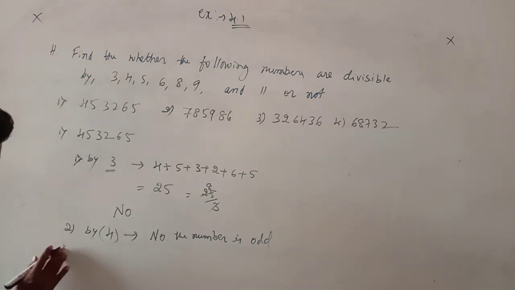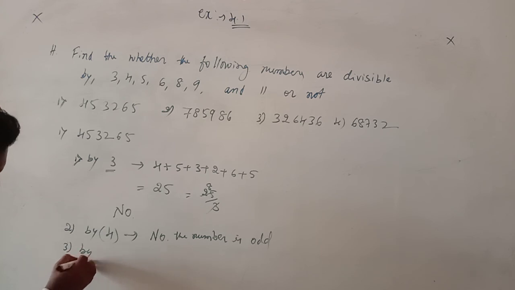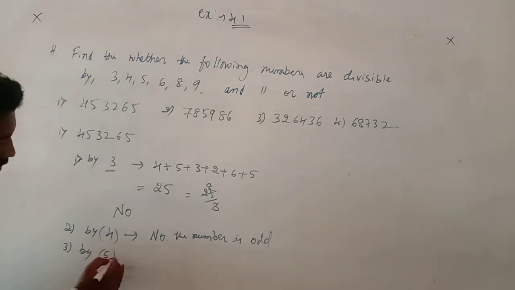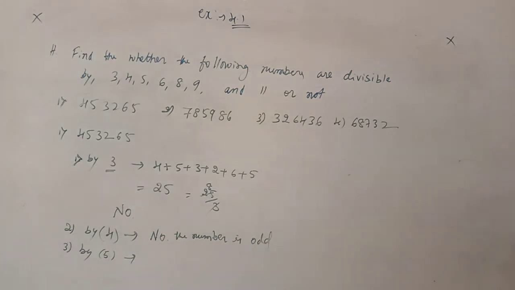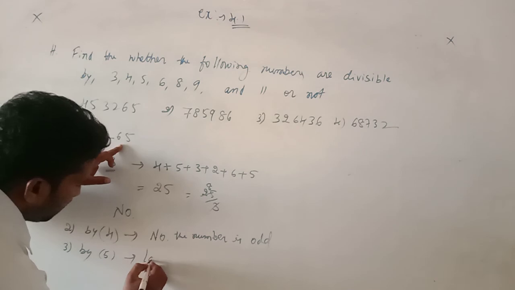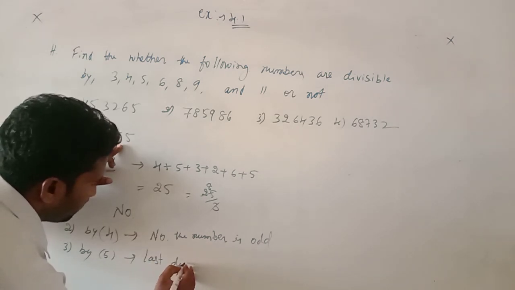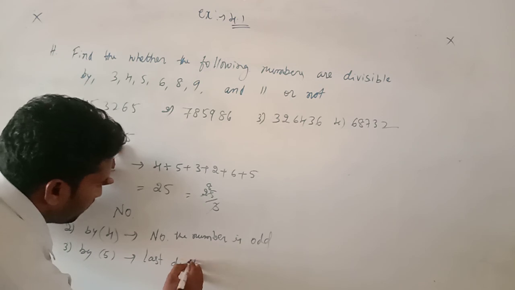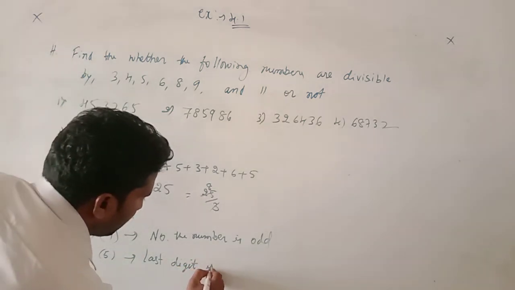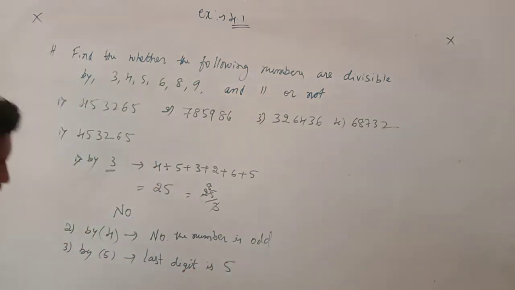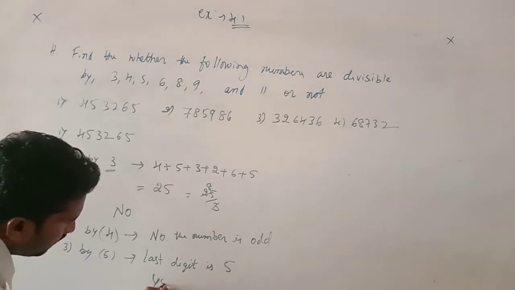Third one, by 5. By 5? Yes, it is possible, because the last digit is 5. So yes. By 5 it is yes.